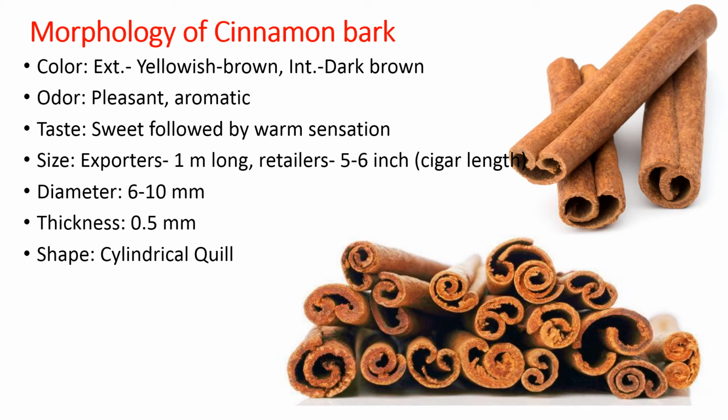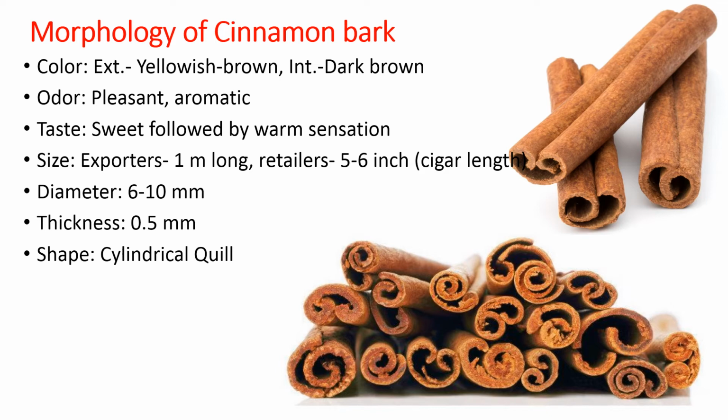You might have seen paper quilling. Very similarly, a quill can be found. Now, you will wonder how can a plant or the bark show quilling? Now, these shapes are obtained after drying the bark. The moment it is taken out of the plant, it is similar to a semicircle or slightly circular in shape.